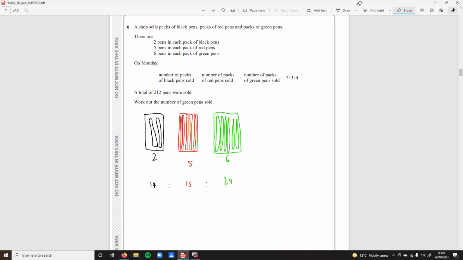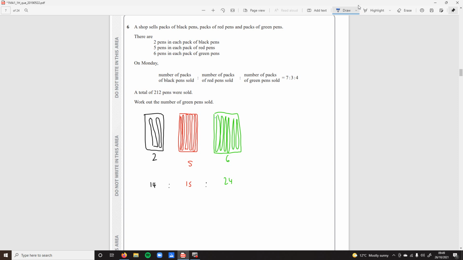Hold on. So, number of packs sold. Seven to 3 to 4. So that would, yeah, number of pens sold would be like that, no? 20, no. I'm an idiot.